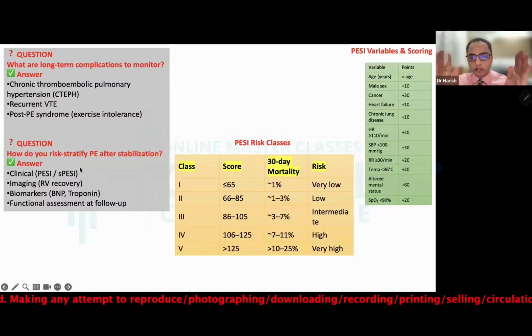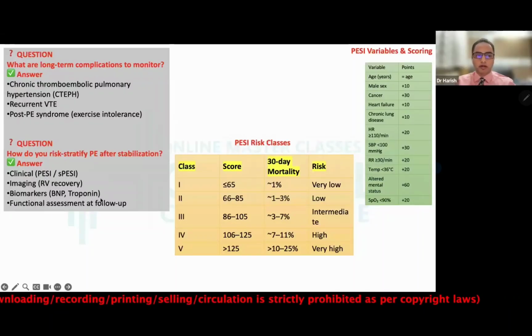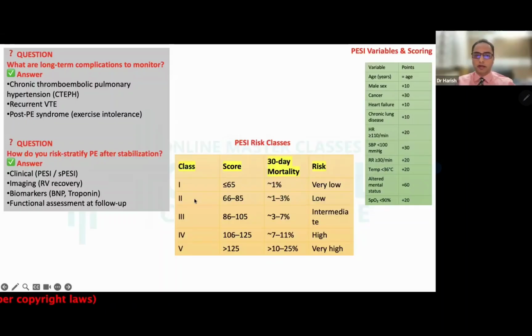Once initial stabilization is done, we can use RV imaging, biomarker trend, and functional assessment at follow-up, and we can use the PESI and sPESI scoring systems. In PESI we have 5 grades, depending upon age, which gives a 30-day mortality.